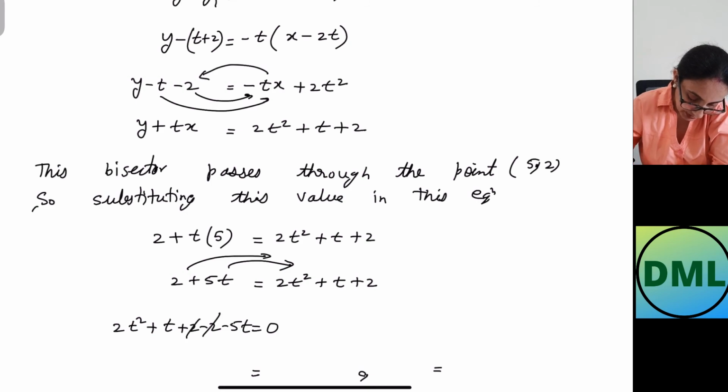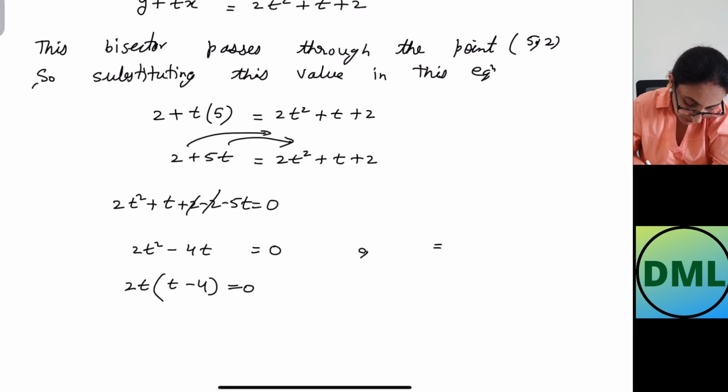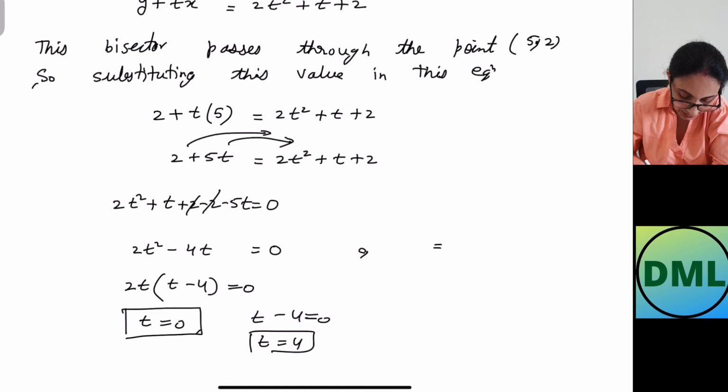So 2 will get cancelled with 2. If I solve it here, it will be 2t square minus 4t is equal to 0. So 2t is common from here. So it will be 2t(t minus 4) is equal to 0. So individually t is equal to 0 and t minus 4 is equal to 0. So you have t is equal to 4 and t is equal to 0 as your answers.